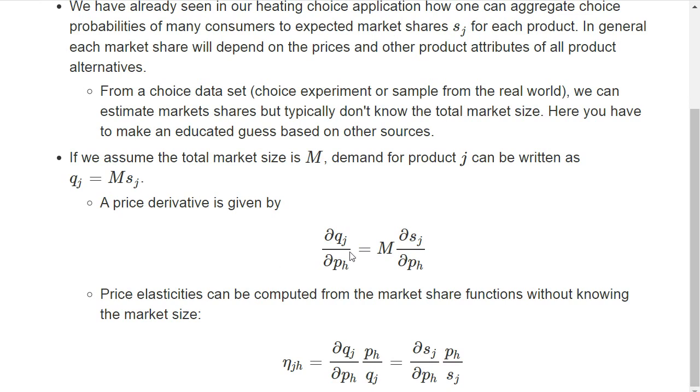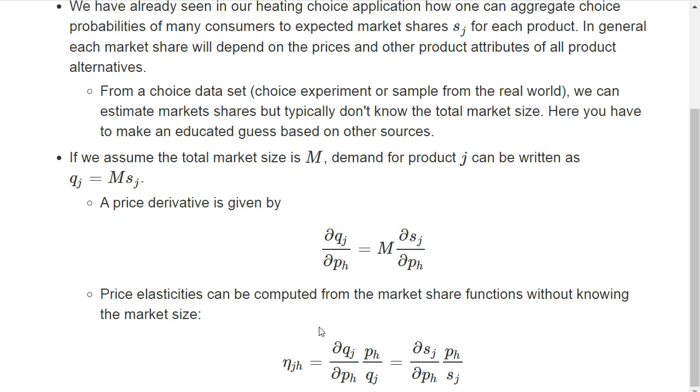And the price derivative of the demand of product J with respect to some price Ph, where h could also be j, then we have the own price derivative, would simply be the market size M times the derivative of the market share Sj with respect to the price.